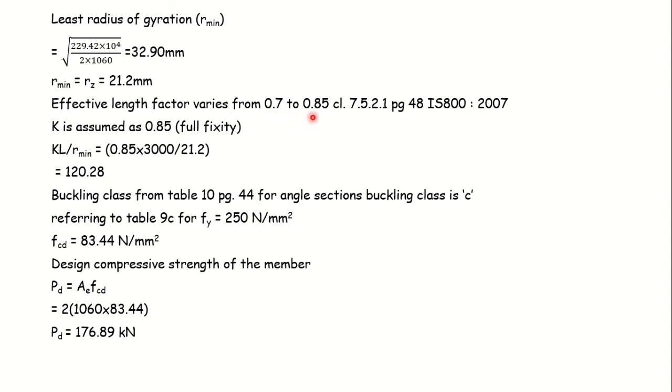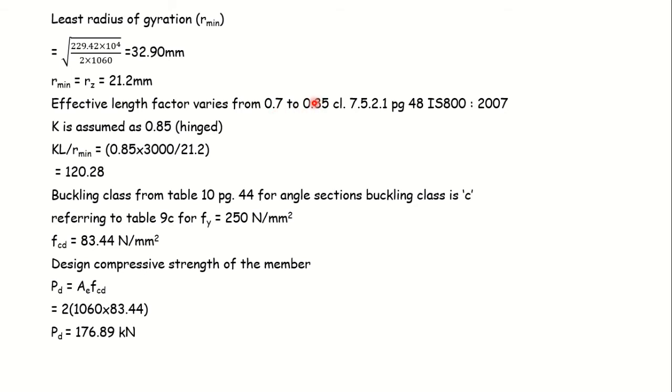Here it is assumed that the ends are hinged. Okay, so ends have been assumed as hinged. For that purpose I have taken a value of 0.85, so the K value will be 0.85. As the fixity increases at the ends, this value will go on reducing.